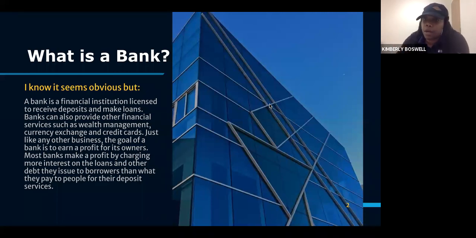Once you deposit your money into a financial institution, that long list of terms and conditions that most people just click accept on when they open an account gives banks the authority to lend your capital out to someone else, whether it is a mortgage or a car loan or other types of loans that institution may provide.